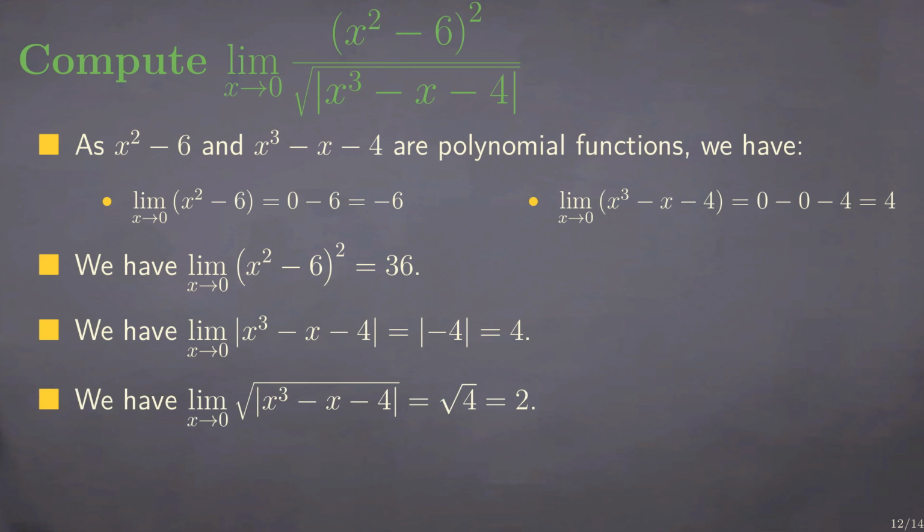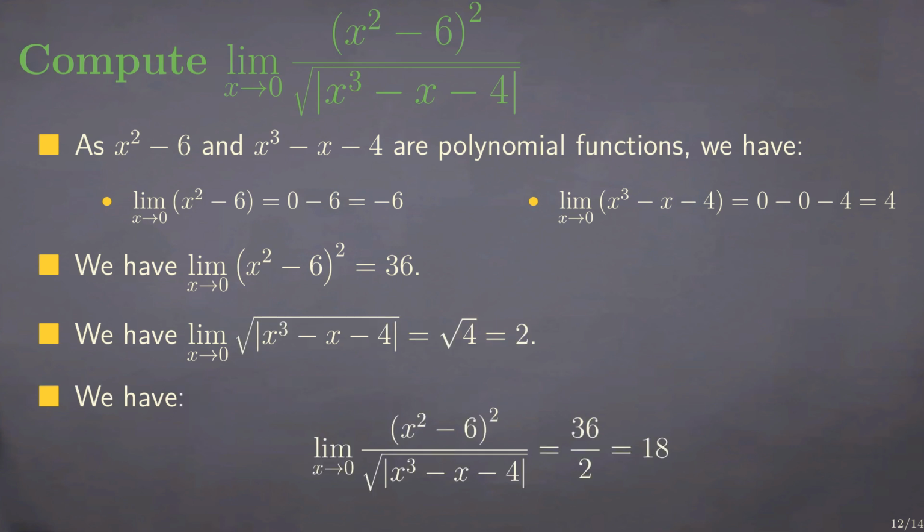And the limit of the square root of the absolute value of x to the power 3 minus x minus 4 now is actually the square root of 4, which is 2. Well, so now we just need to take the quotient rule and decide that the limit of the function under consideration is actually 36 over 2, which is 18.